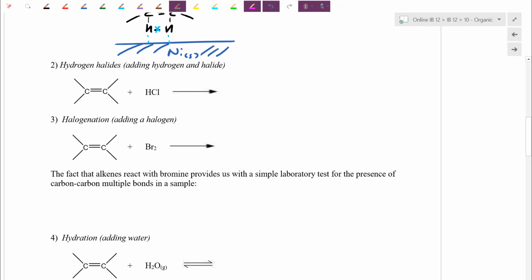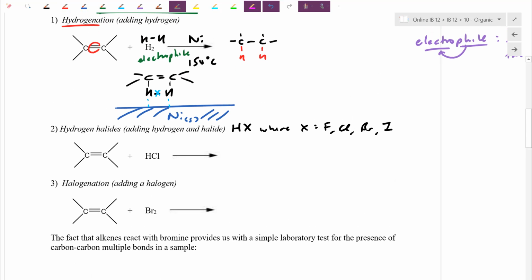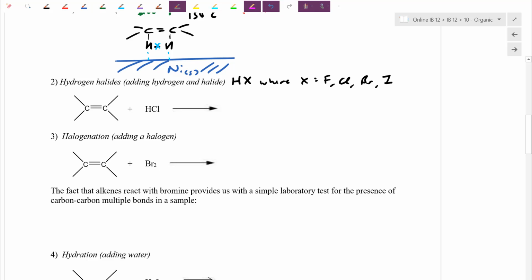Similar things are going to happen as I add other things. I can add a hydrogen halide. A hydrogen halide is going to be an HX, where X is just a halogen, where X can be fluoro, chloro, bromo, iodo. Exactly the same thing. Let's just make a prediction. Because the electrophile adds itself across the double bond, this one doesn't need a catalyst.